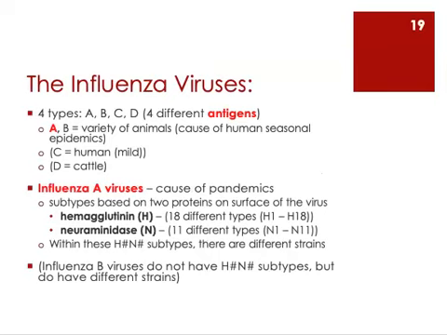I want to take just a few minutes and talk about the influenza viruses because of all of the different types of viruses, the influenza viruses have the most complex naming system.